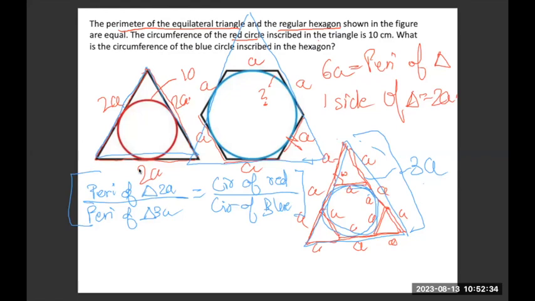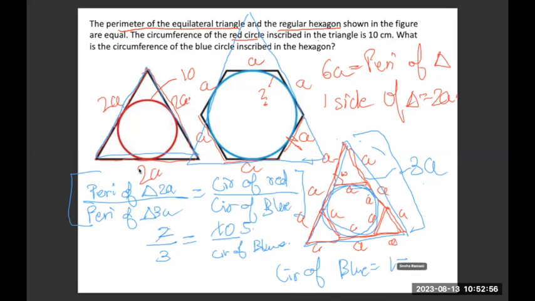So all I need to do is derive it as 2 by 3 is equal to circumference of red, which is 10, upon circumference of blue. So circumference of blue circle will be equal to 15. Is this clear?